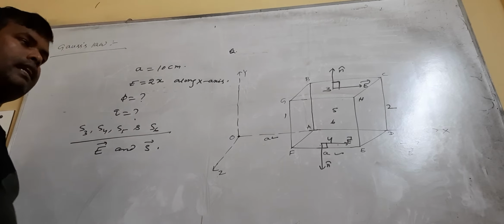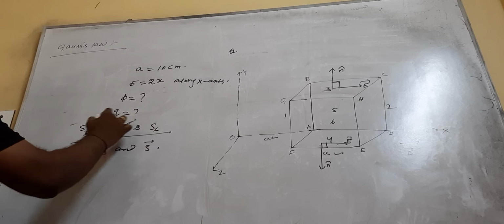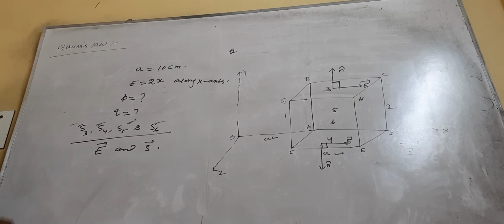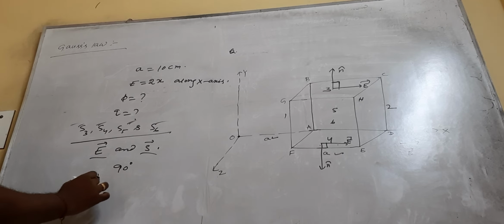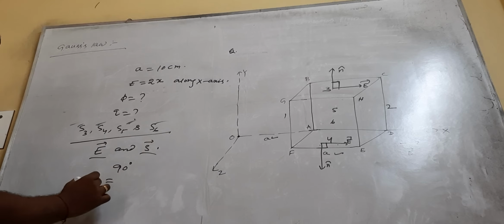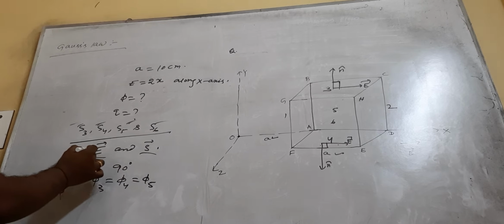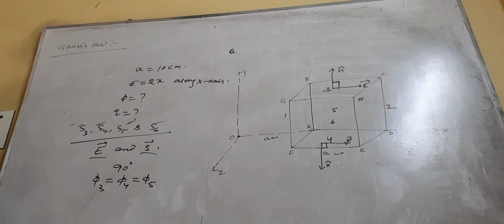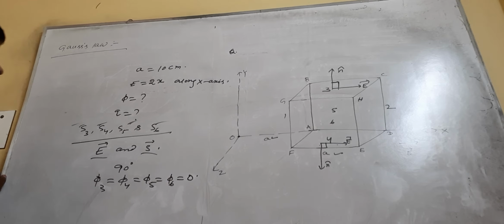What is the angle? 90. So for these 4 faces, the electric field and area vector are perpendicular to each other. Then what is the flux? For all the faces 3, 4, 5, 6, the angle is 90 degree between E vector and S vector. So electric flux is 0.